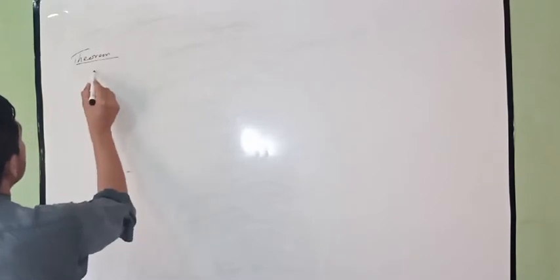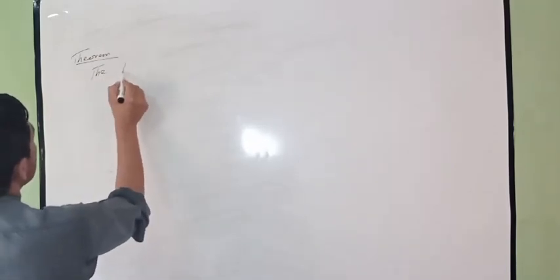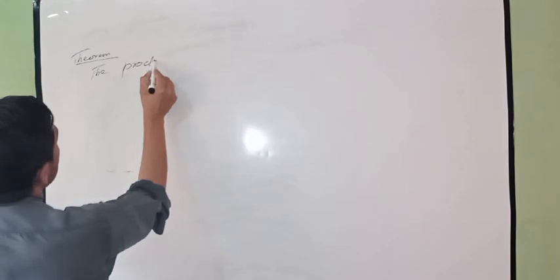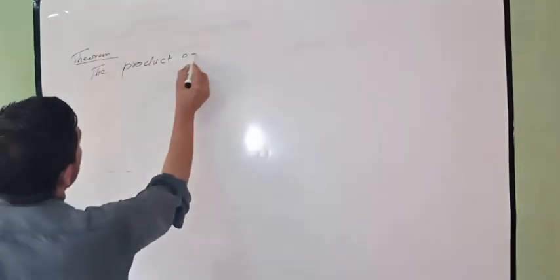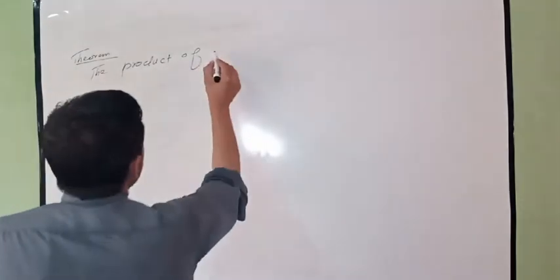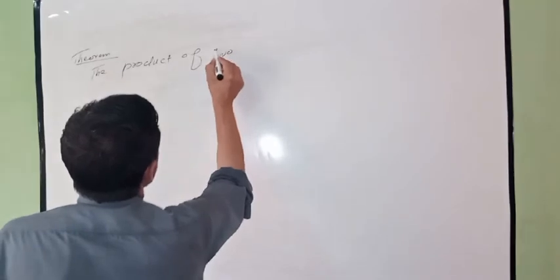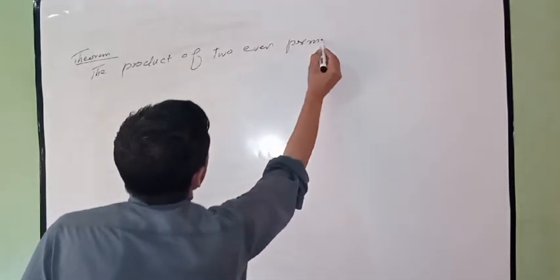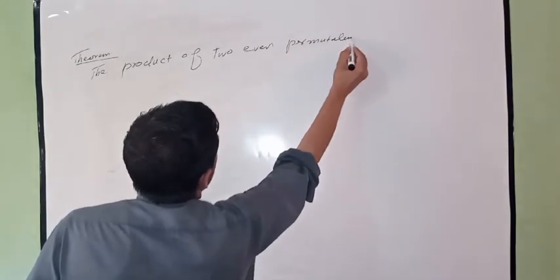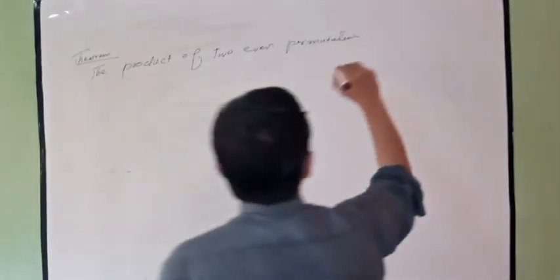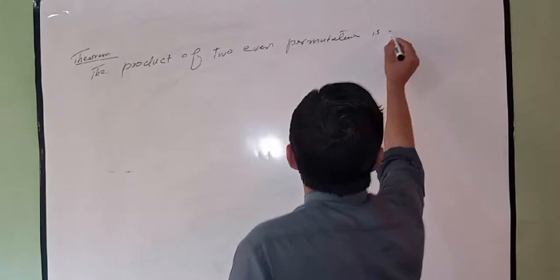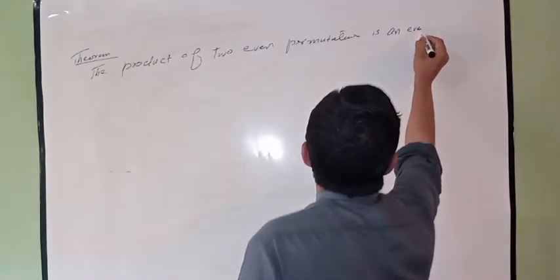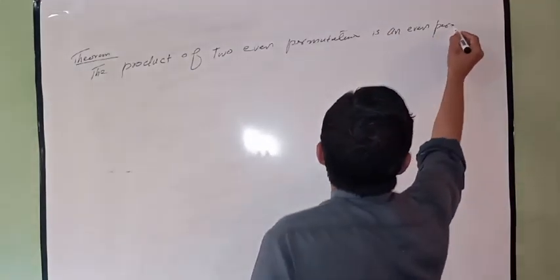theorem: the product of two even permutations is an even permutation.